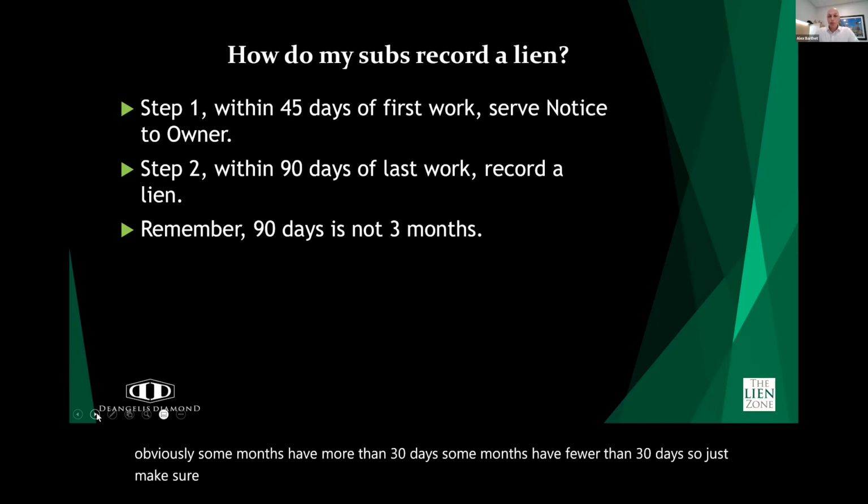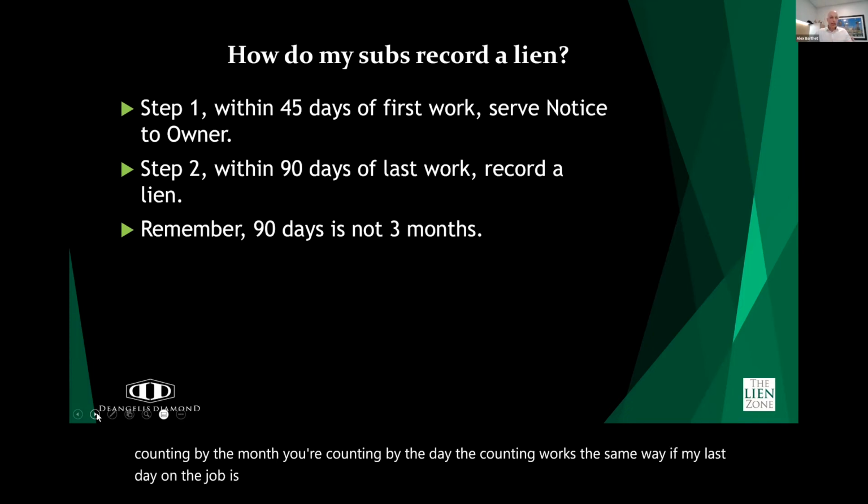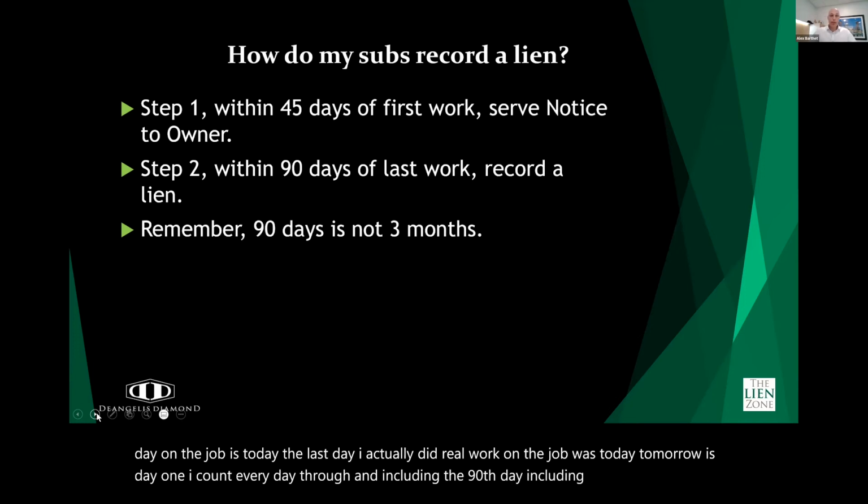if you are counting the days for when the lien is due, you're not counting by the month, you're counting by the day. The counting works the same way. If the last day I actually did real work on the job was today, tomorrow is day one. I count every day through and including the 90th day, including all weekends and legal holidays.